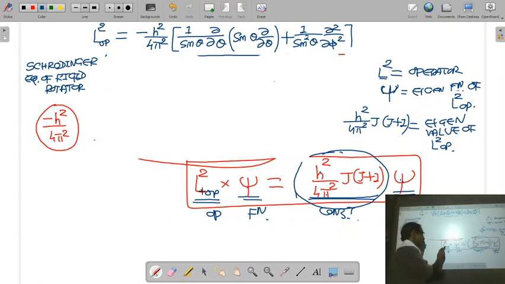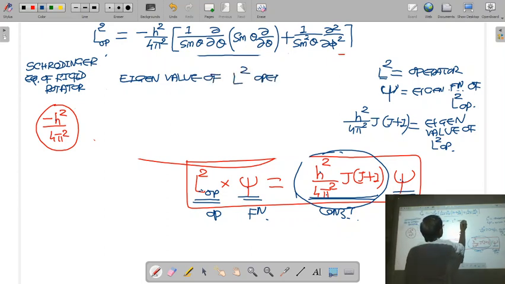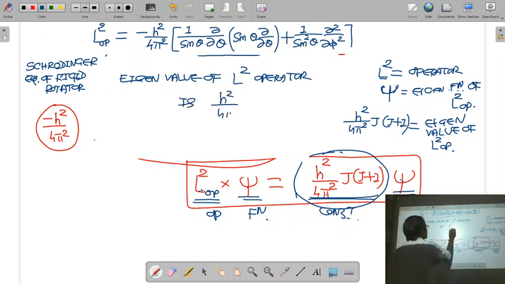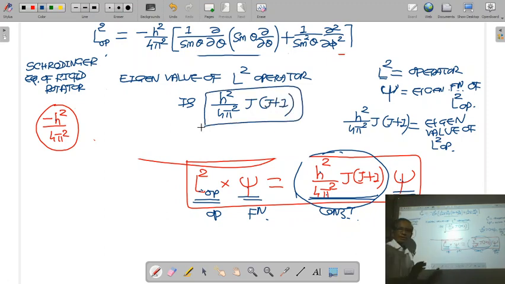So L square is the operator of the square of angular momentum, psi is the eigenfunction of the L square operator, and h square upon 4 pi square j into j plus 1 is the eigenvalue. Thus we got the eigenvalue of the L square operator: h square upon 4 pi square j into j plus 1. Okay, so we got the result.